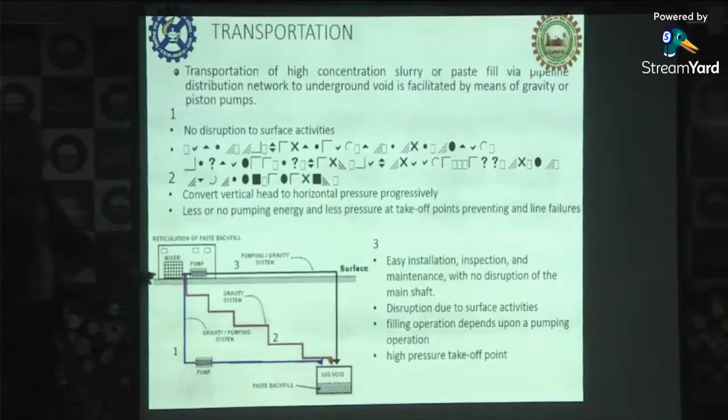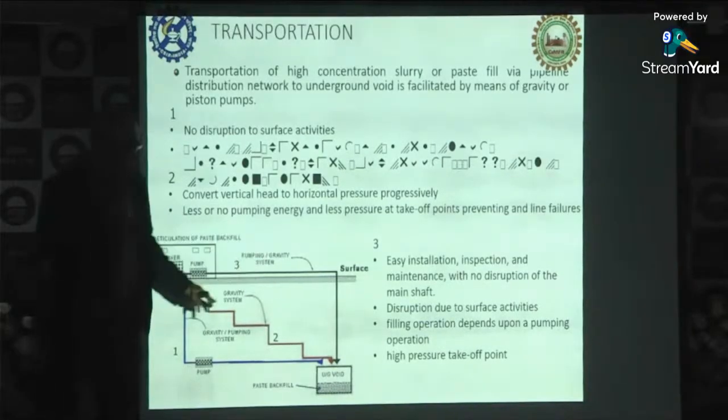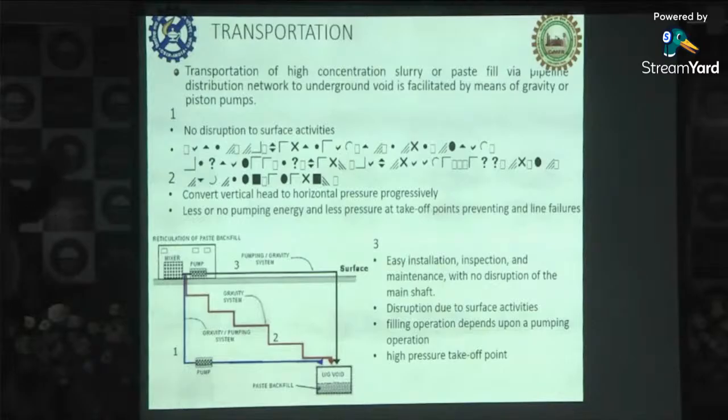Another is that a pump is installed at the bottom, and the third configuration is that the pump is installed at the surface, and the discharge takes place through a longer horizontal distance, then goes to the vertical downward location. In the first configuration there is no disruption of surface activities because it is inside the mines. The main disadvantage of this kind of configuration is that there is a space constraint, so maintenance will be an issue.